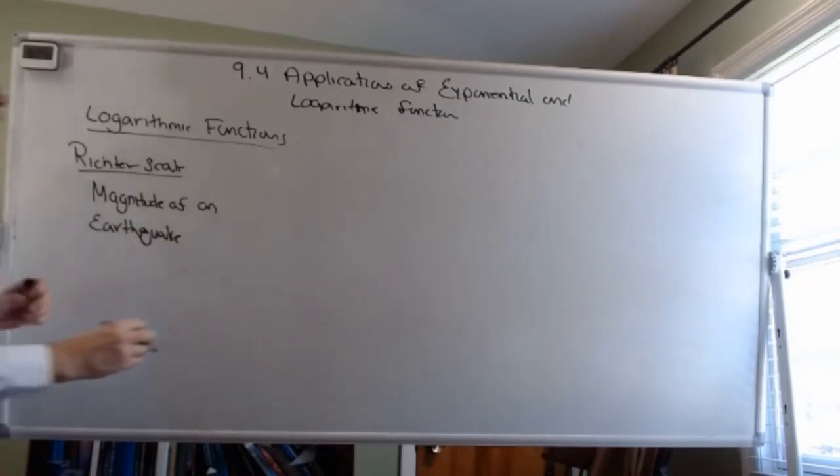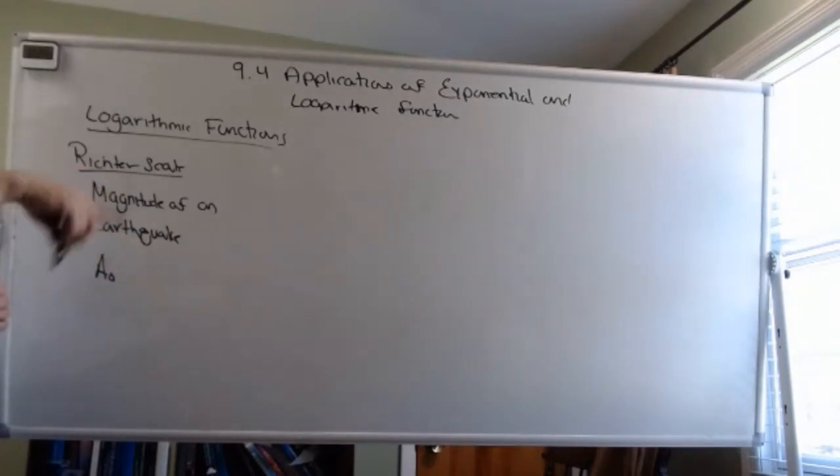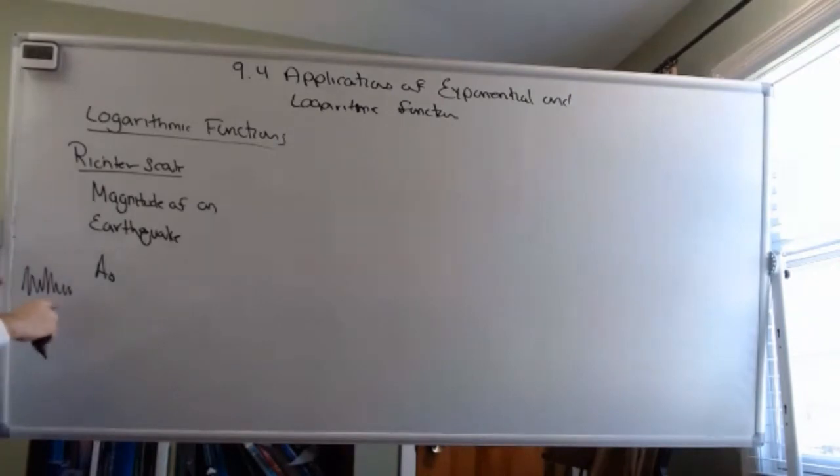And what Richter decided: let A0 be the reading from seismometers, the things that measure the vibration of the earth. You've seen that little thing that ticks up and down. It's called a seismometer, and this is the seismograph. If there are no earthquakes, you get an amplitude, kind of like a sine wave.